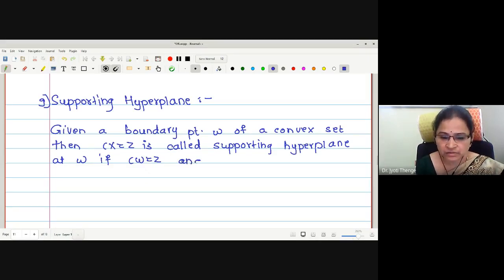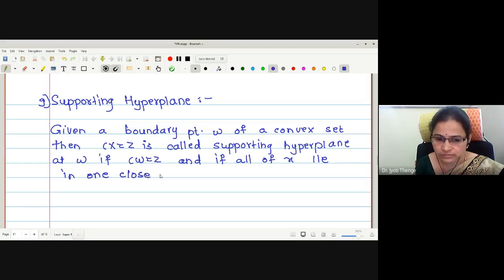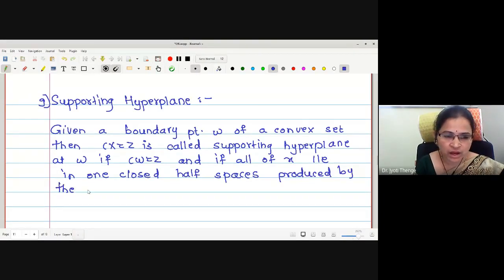and if all of X lie in one closed half space produced by the hyperplane.